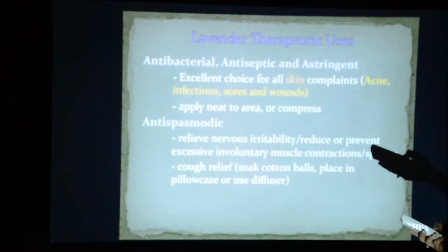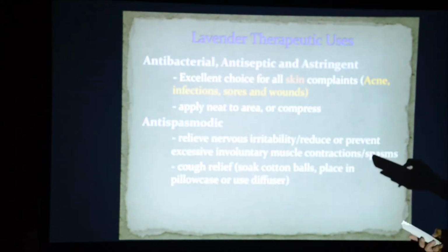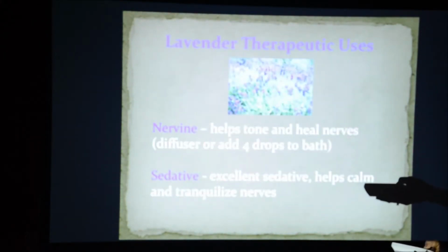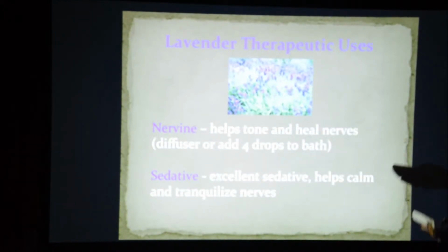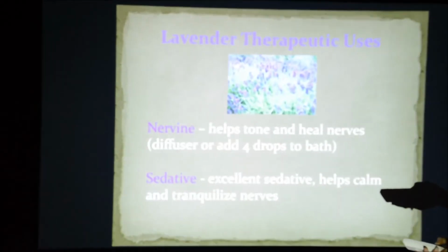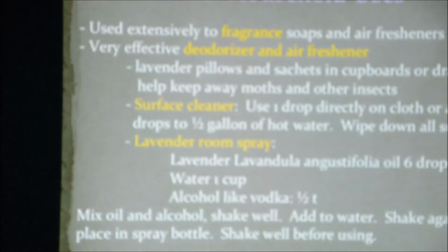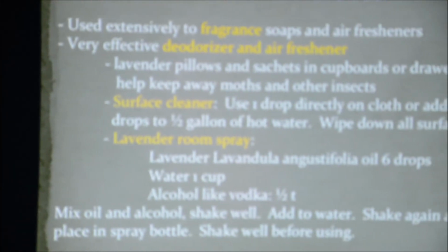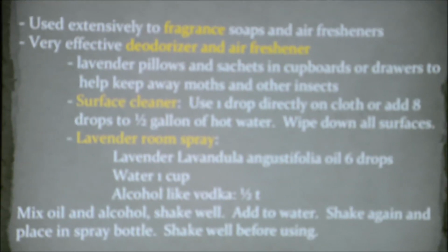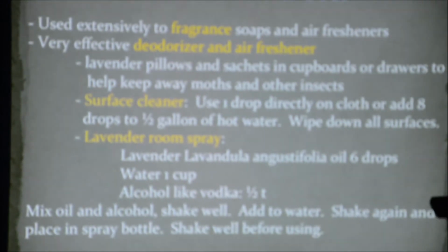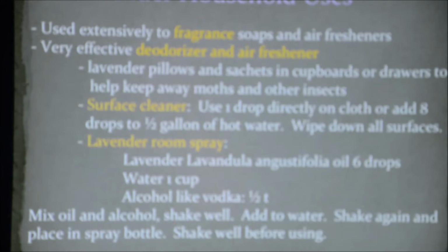It's an antispasmodic. It's a nervine, so it helps tone and heal nerves. And a sedative, that's what it's very good at, just helping you calm and tranquilize your nerves. There are multiple household uses: you can use it as a fragrance, deodorizer, air freshener, surface cleaner, room spray, and these are just different ways of using it.